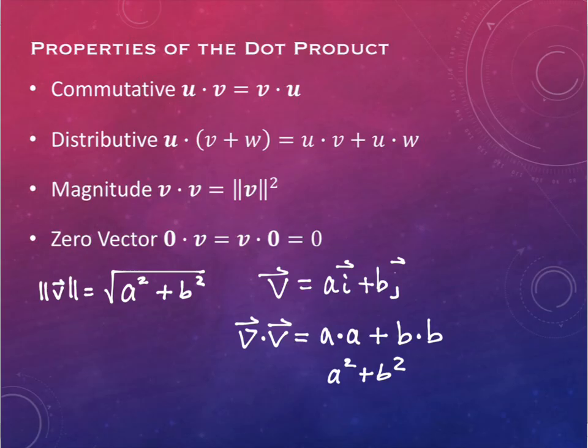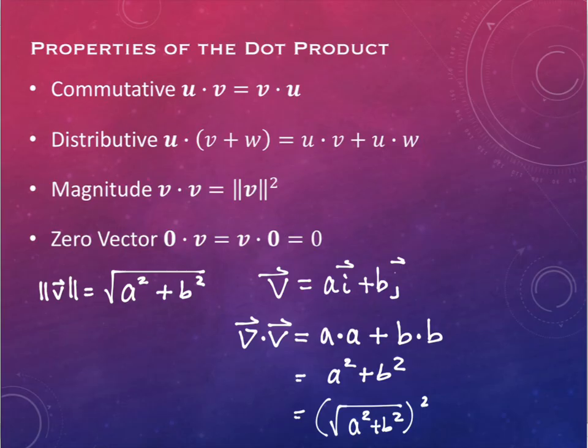That's the same thing I'm getting, it just doesn't have a radical over it. So what this shows at the end here is that this is the same as the square root of a squared plus b squared, where it's been squared. So the magnitude squared is the same as the dot product of the vector with itself.